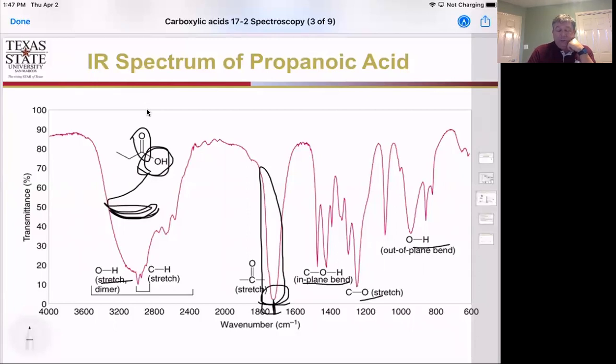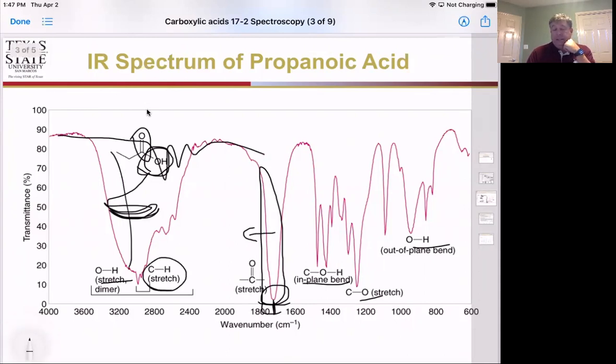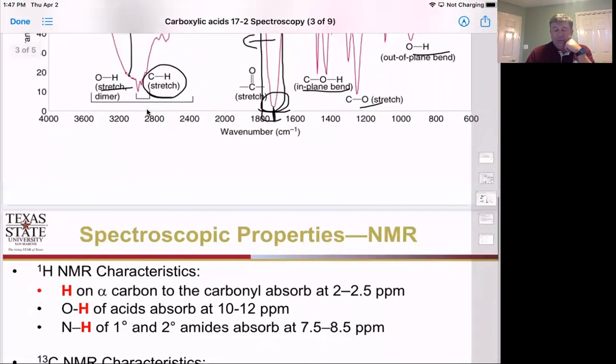In fact, if we were to convert this to the acid chloride, we would see this peak shift up and this peak go away, and we'd only have our little peaks for our carbon-hydrogen stretch, and this big OH peak would go away completely.